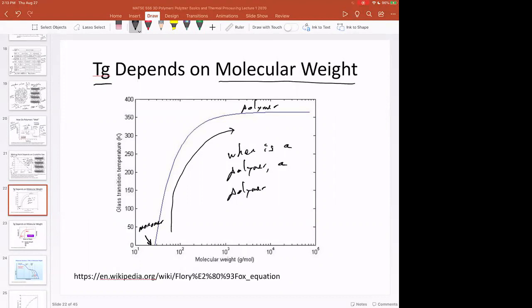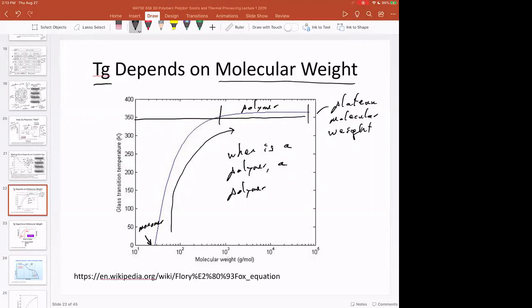And the definition of a polymer is this plateau molecular weight. A polymer is a polymer after it crosses the plateau molecular weight, because there's not a big variation in TG as a function of molecular weight anymore.